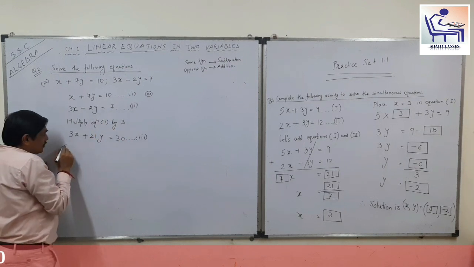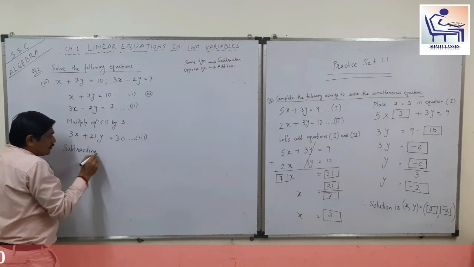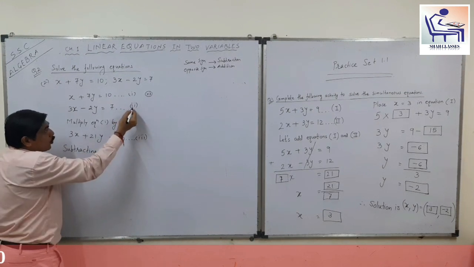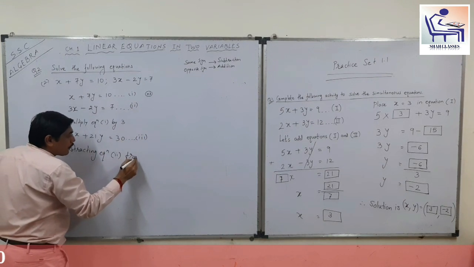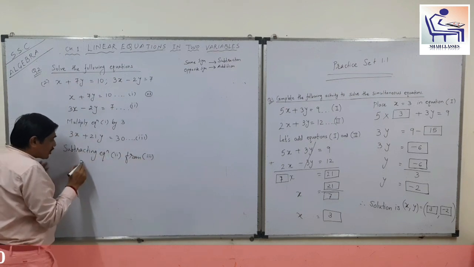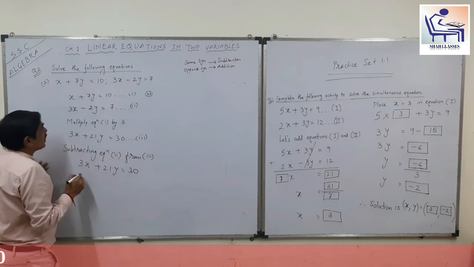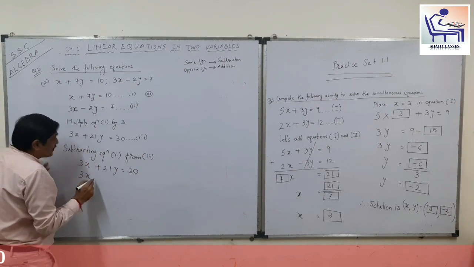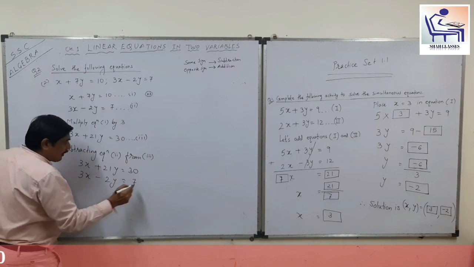So subtracting equation 2 from 3. Okay, so we will write first equation 3. 3x plus 21y is equal to 30 and 3x minus 2y is equal to 7.